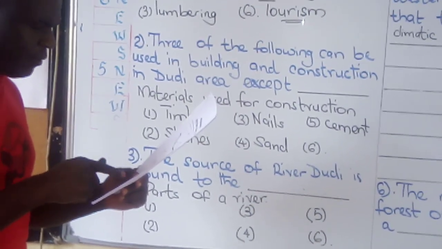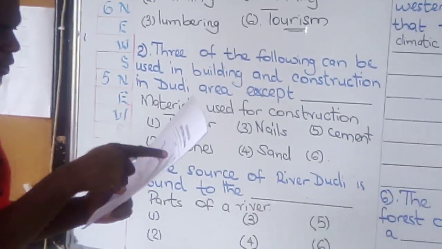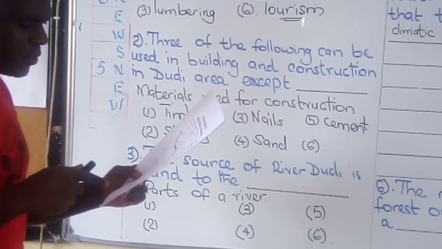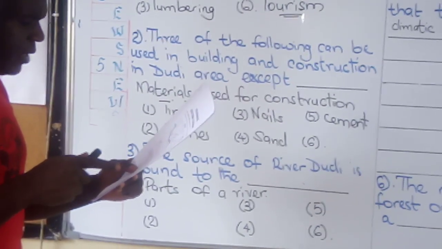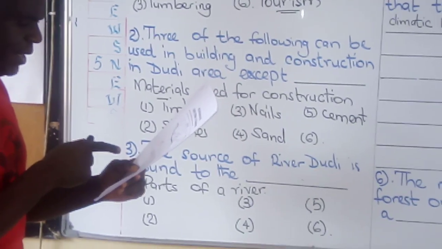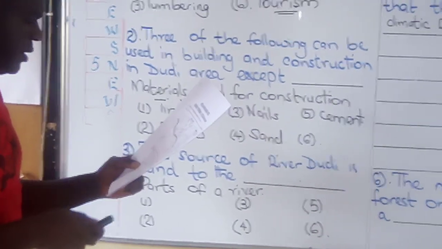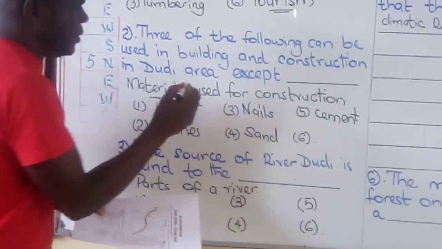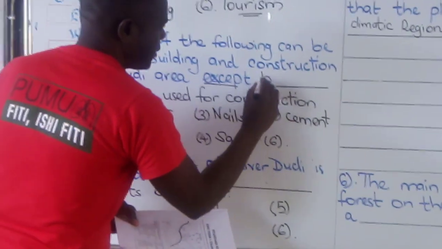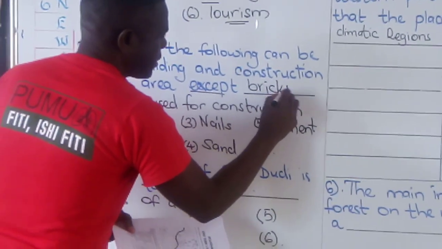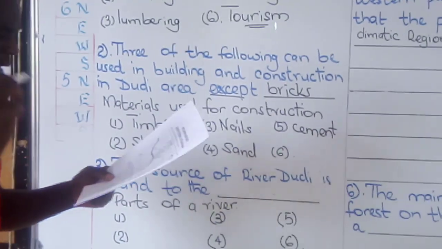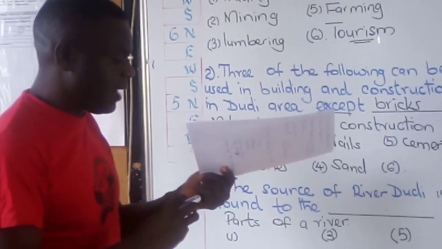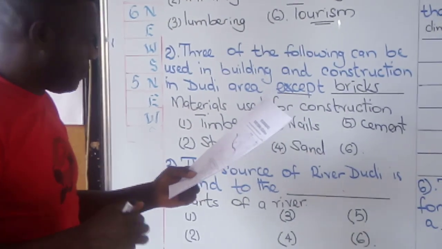Timber can be used for construction because of the sawmill over there. Reeds can also be used for construction, you can see the papyrus reeds there. So bricks cannot be used.